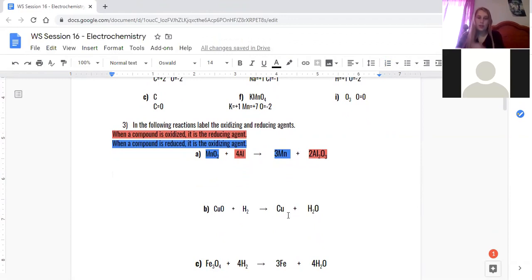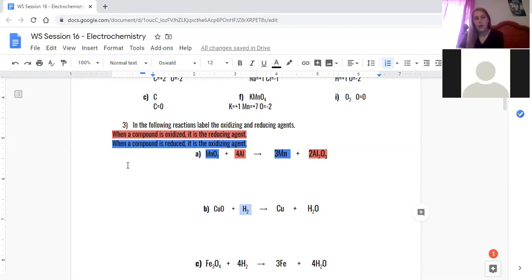Now we're going to look at the hydrogen and the copper here. So first off, let's look at the hydrogen. So here it's going to have a charge of what? No, not quite. Not -1. I can tell you why it's not -1: it has a charge of 0 because it's an element by itself.